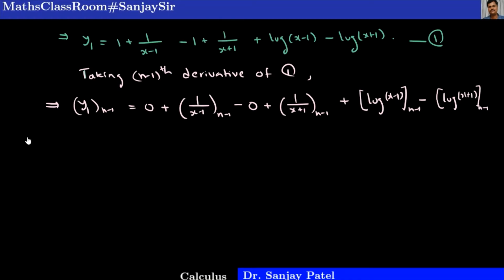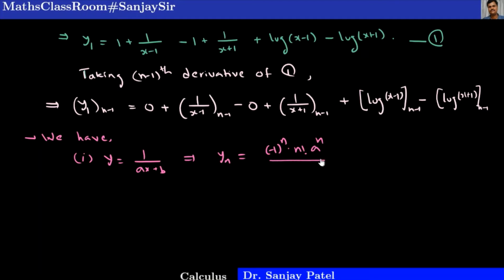We have these two things. Number one, if y is equal to 1 upon ax plus b, then its nth derivative yn is given by minus 1 raised to n into n factorial into a raised to n upon ax plus b raised to n plus 1.